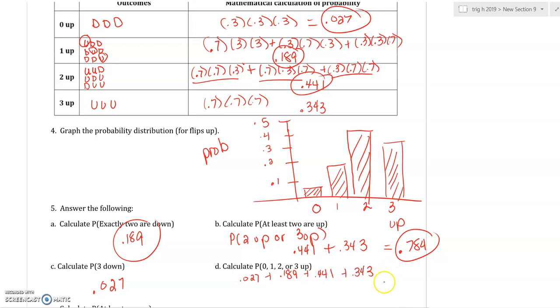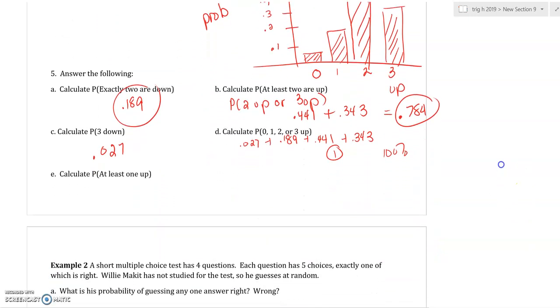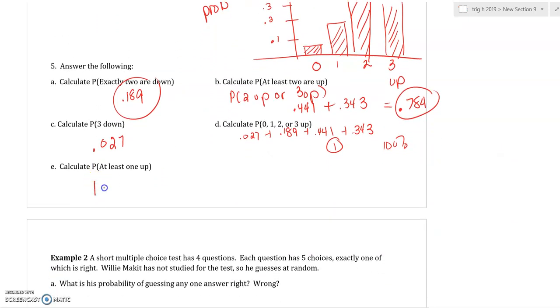And I don't think you'd be surprised to see that it's 100%, so that would add up to 1. That's all the cases, all the outcomes. So last is at least 1 up. Well, there are 2 ways you could do it. You could do 1 minus the probability of none are up, 0 up, so that's 1 minus 0.027.